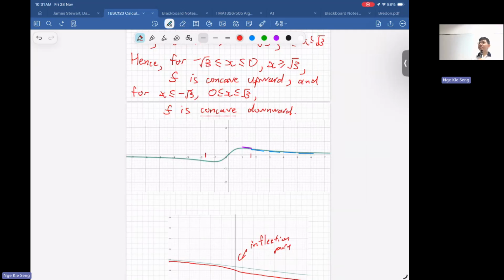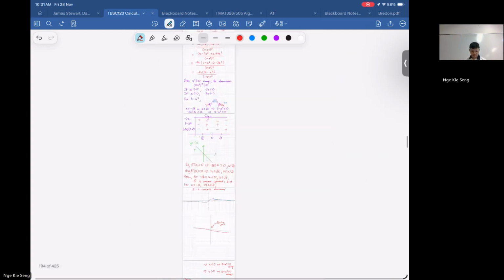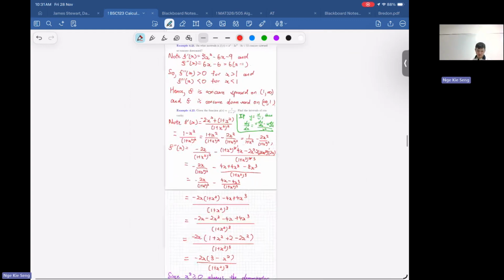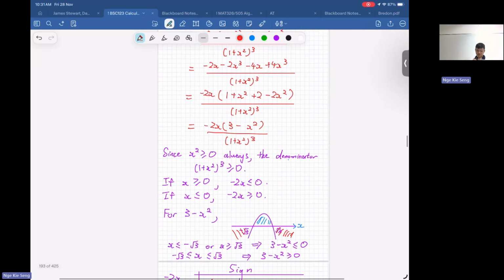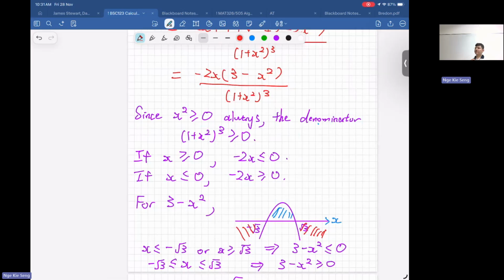Can you scroll up? Which part do you want? Second derivative? This one. Like when we find our local maximum, local minimum: first we find the first derivative and then set it equal to 0 and find some roots, some numbers.